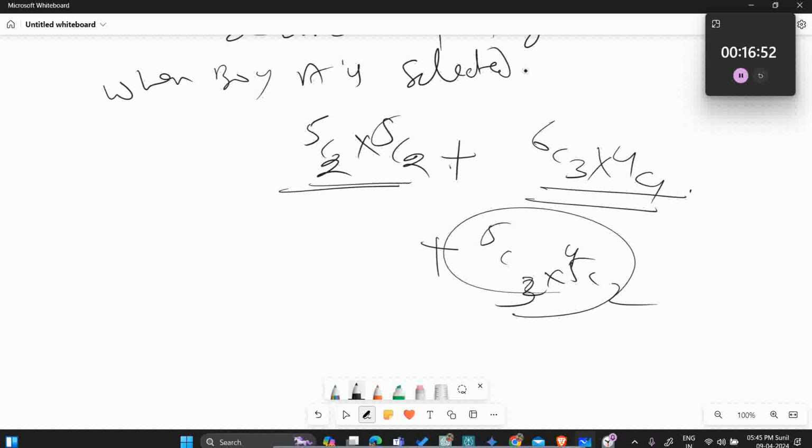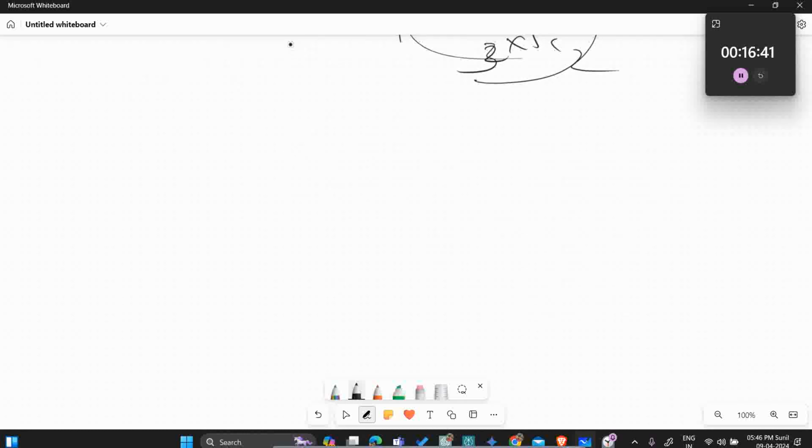Both are not selected. Method 2, complementary method. Complementary method is like total minus this. So 11C3 minus A and B both are selected, 5C2 into 4C1.